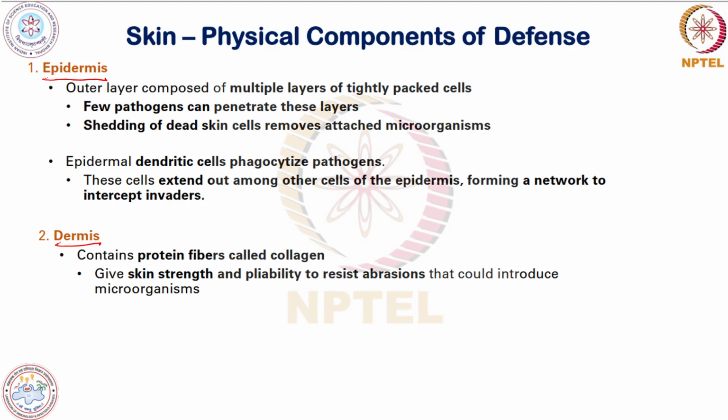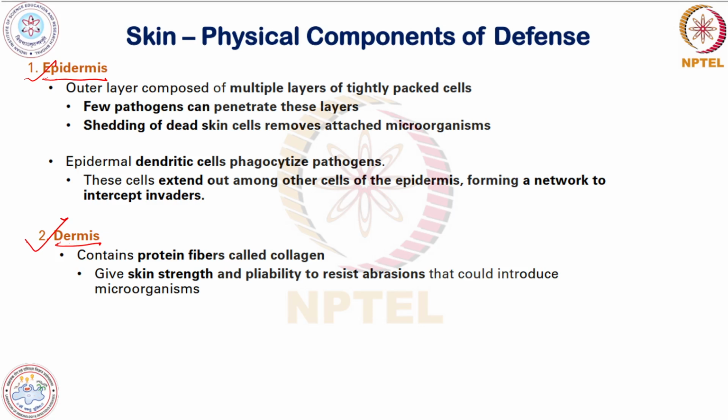It provides strength and flexibility to prevent damage from the pathogens. So there are two layers of the skin. First one is the epidermis, that is the outer layer. The other one is the dermis, that is the inner layer. The epidermis acts as a shield and the dermis provides the strength and flexibility.